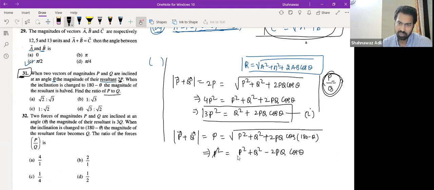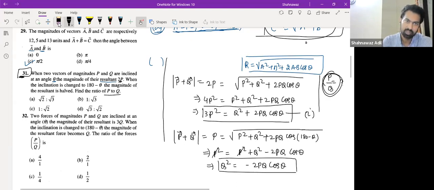So P square cancels, and we have Q square equals minus 2PQ cos theta, right? Sir, won't it be minus Q square? Huh? Minus Q square. Oh, sorry about that. So minus of Q square, right?